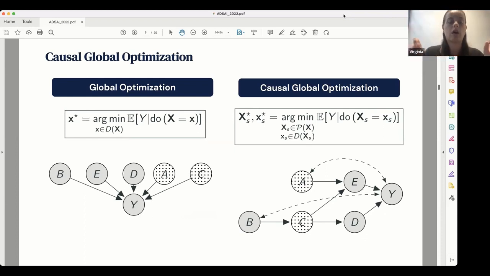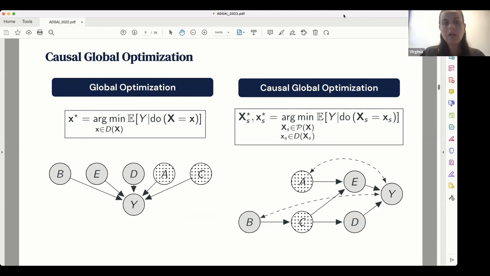And so a global optimization problem could be represented as the graph on the left. Again, differently from global optimization, in causal global optimization, we account for the causal relationship among the inputs and the outputs, and we try to find the optimal intervention level and the optimal intervention set, which is this capital X star.